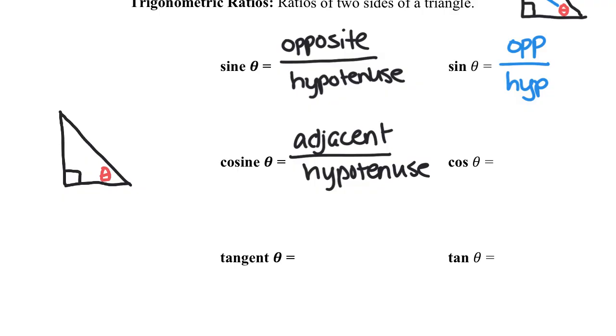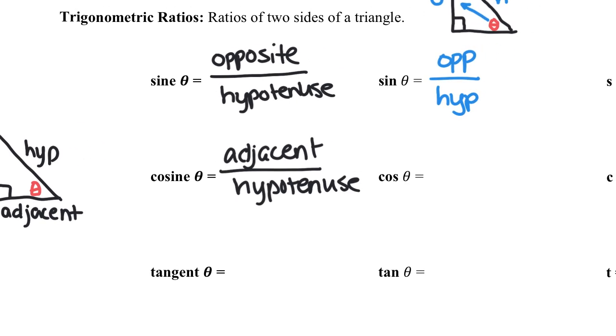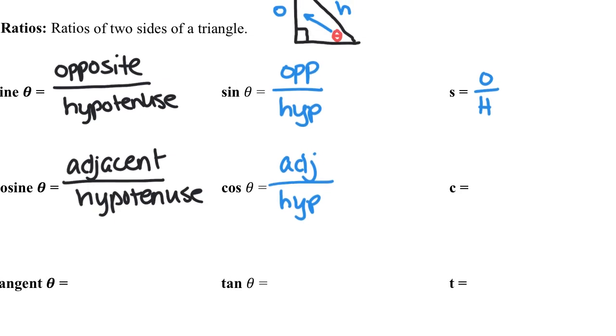So in our diagram here, this would be our adjacent side, because it's the side that is next to the angle, over the hypotenuse, which again is still that same side that's across from 90. So we're going to shorten that a little bit. Cosine abbreviates to cos, but it is still pronounced cosine, would be our adjacent over our hypotenuse. And then we'll shorten again just a little bit more to say that C is equal to A over H. And these abbreviations over here will make a little bit more sense in a second.